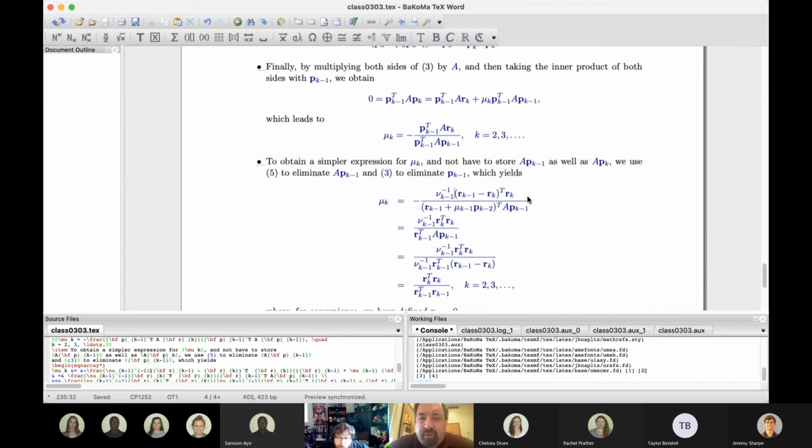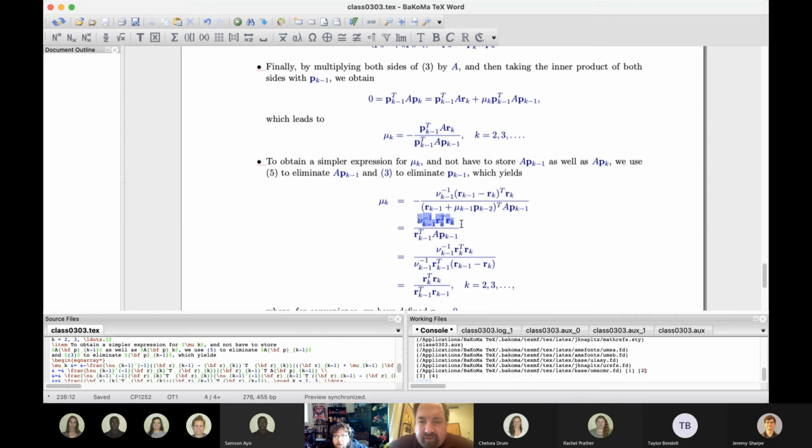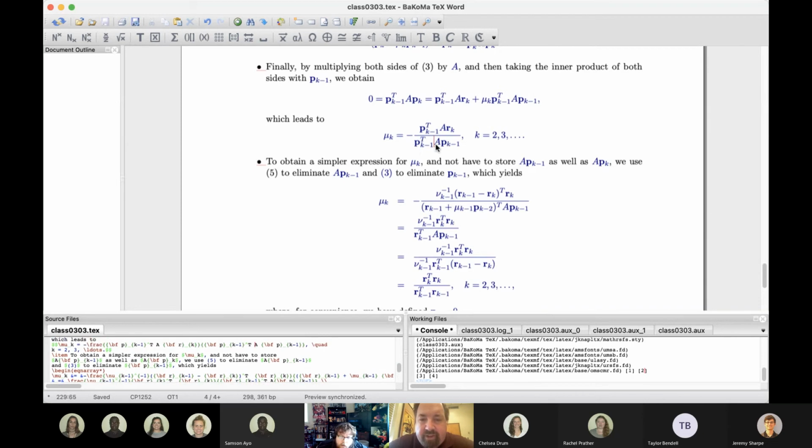But remember, all the residuals are orthogonal. So r_{k-1} transpose r_k is 0. So now I have just this in the numerator. Similarly, I take this search direction and use a formula for it. And here I have, again, A-orthogonality: p_{k-2} transpose A p_{k-1} is 0.